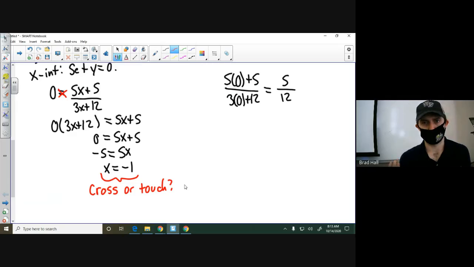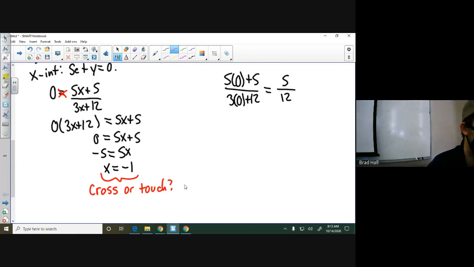So that means we need to find which factor this number came from. In the section on polynomials, the factors that we had, we could just check the exponents of those and know exactly whether something crosses or touches. For -1, we need to figure out which factor it's coming from. And this is a little bit trickier because with rational functions, the factors happen in the numerator and the denominator.